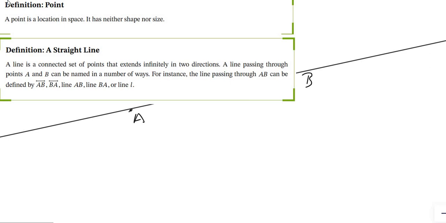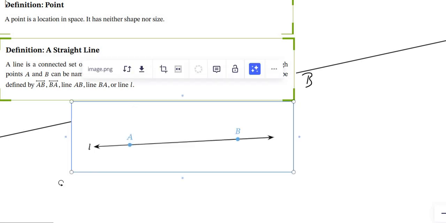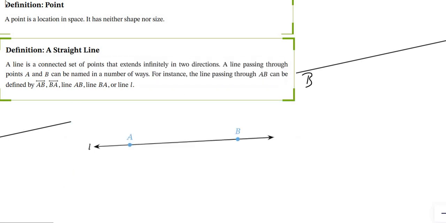So this straight line extends to the left and to the right infinitely. For example, this is the straight line that connects both A and B and goes infinitely to the left and to the right. Okay, and there are infinite points in this straight line. So that's important, what a straight line is.